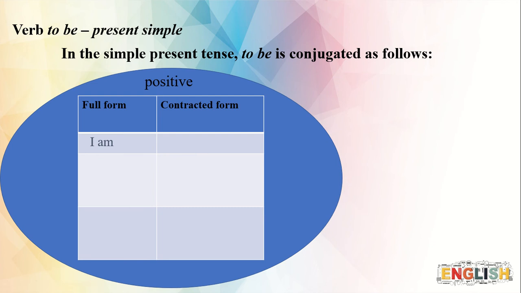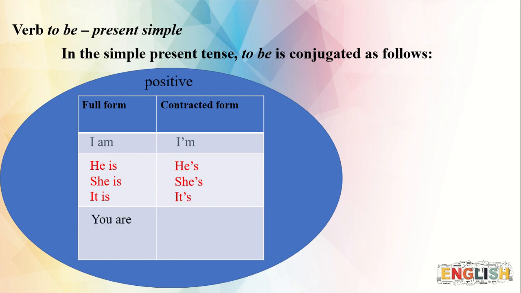I am is the full form, and we can have the contracted form, which is I'm. And we can have he is, she is, and it is. And they can also be contracted: he's, she's, and it's.